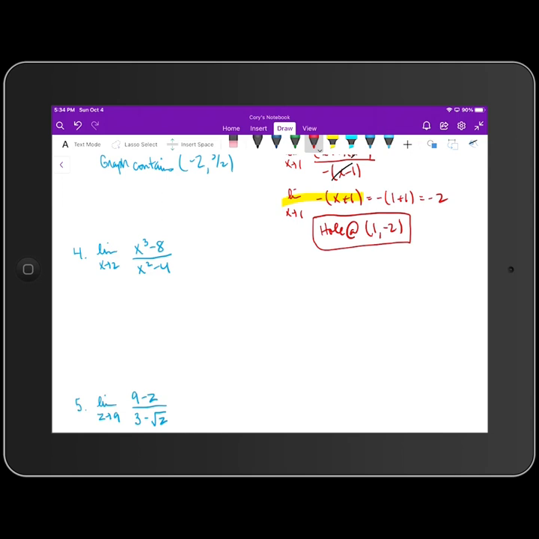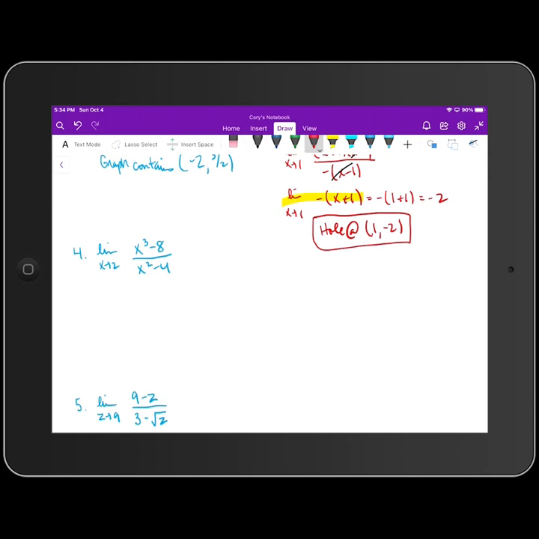When we try plugging 2 into both the numerator and the denominator, 2 cubed is 8, minus 8 makes the numerator 0, and then 2 squared is 4, minus 4 makes the denominator 0 as well. So again, we get something of the form 0 over 0, which is not a valid output for us, but that tells me that my graph is going to have a hole.